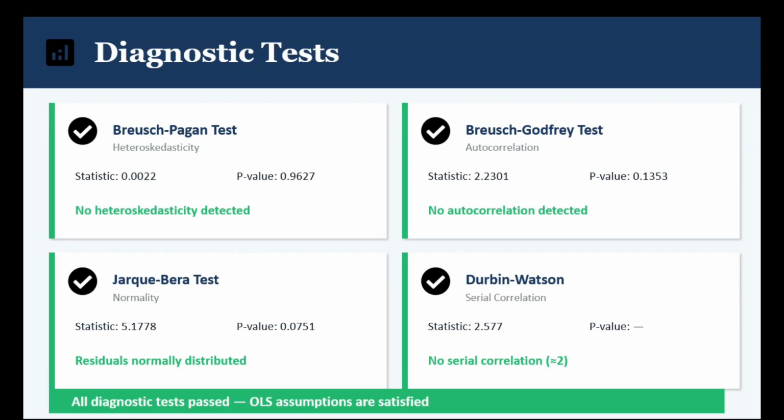Hello, class. Can we have a hypothesis for the normality test? The null hypothesis will be that my error is normal. The alternative will be my error is not normal.